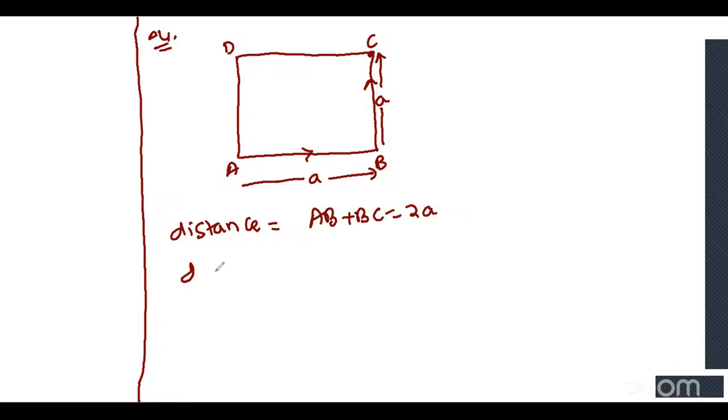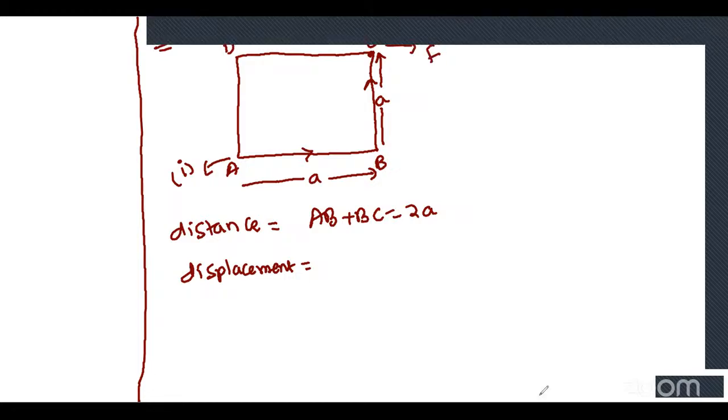The initial point and final point are different. The initial point is A. Where is the final point? At C. Very good.